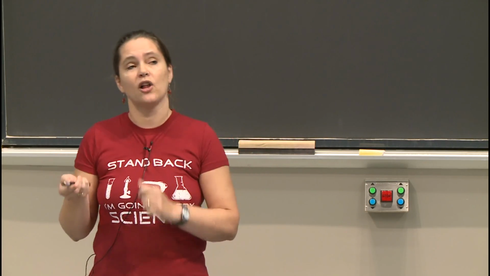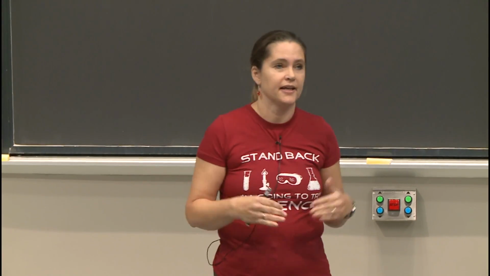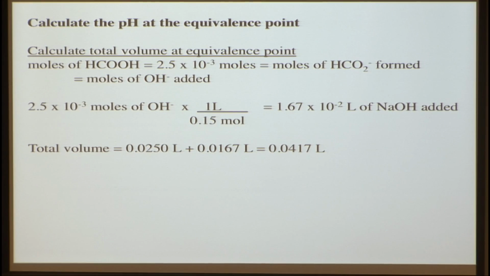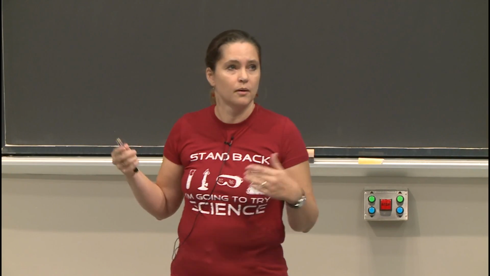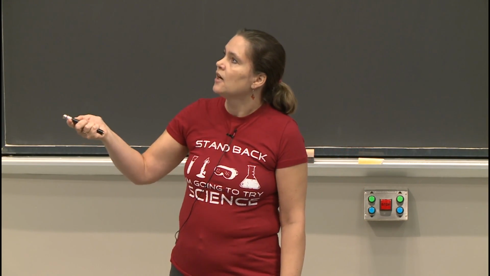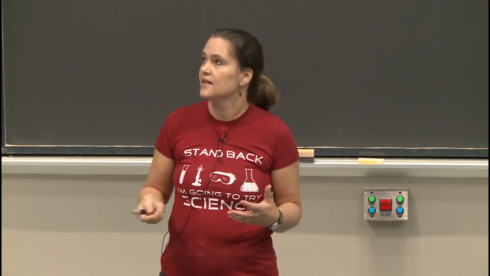All right, but you'll often be asked to calculate the pH. So let's think about how we would calculate the pH. We know it's greater than 7, but what is it exactly for this problem? And to do that, we need to first know what the volume is going to be. What volume of that strong base do we need to add to reach the stoichiometric or equivalence point? So we had in the beginning 2.5 times 10 to the minus 3 moles of our weak acid.